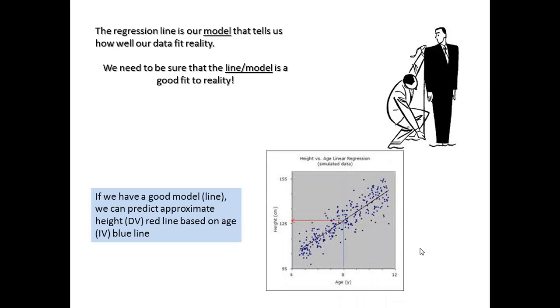If we have a good line or model, we can predict approximate height based on age, as we see in this example. So what we're trying to tell you is we want to make sure that when we compute a beta, it really is the line that would intersect most of the points in a correlation. Now SPSS will check this for you by conducting a separate Anova.